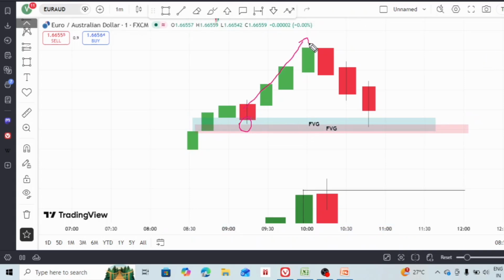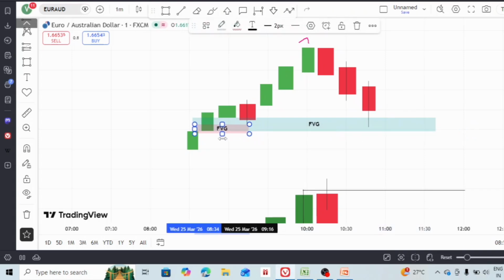The market went up, and then it came down again. Even if the price breaks from this gap again, you cannot take the break on this gap, because this gap has already been mitigated, and a gap should be used only one time. After the mitigation, we still have some gap below.